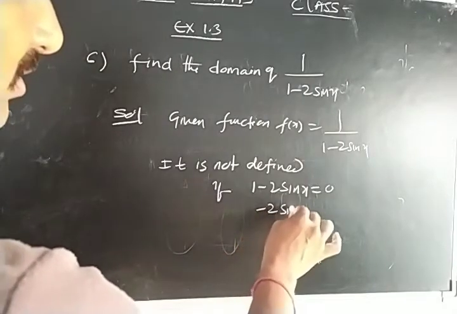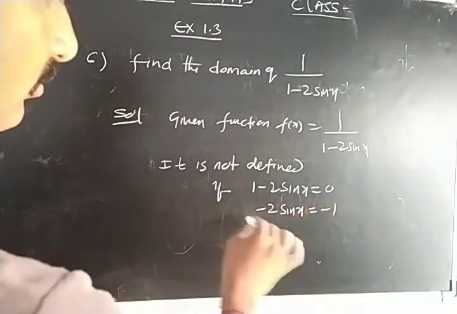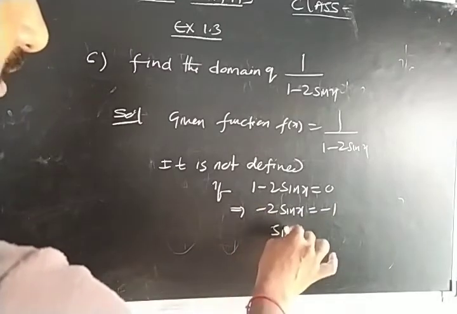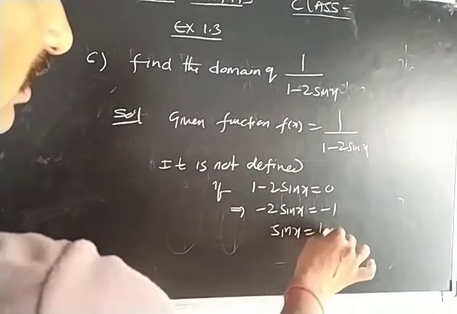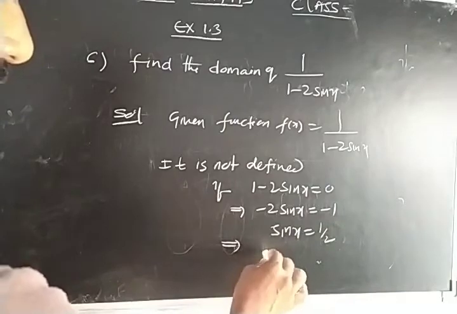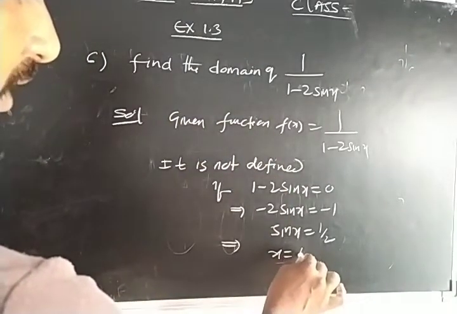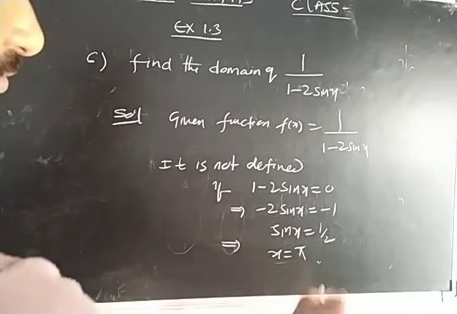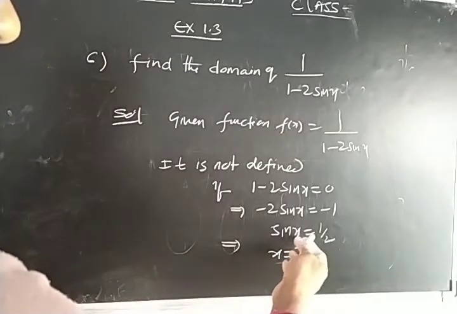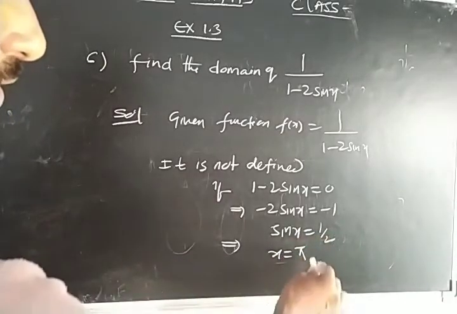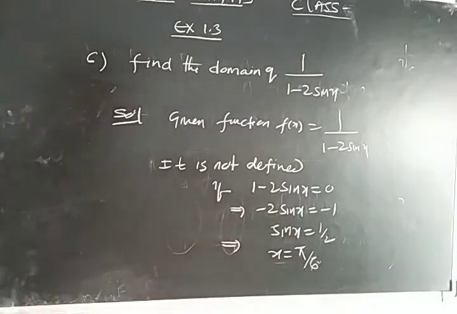Minus 2 sin x is equal to minus 1. Minus cancel. Sin x is equal to 1 by 2. So sin x is 1 by 2. x is what? For what value of theta it is 1 by 2? 30 degrees. So pi by 6. Theta equal to pi by 6.